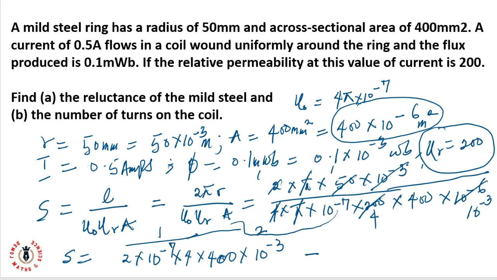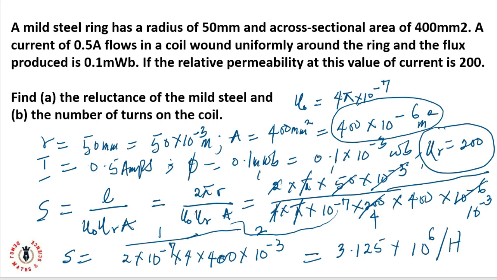If I use my calculator, it should solve into 3.125 times 10 raised to power 6 per Henry.